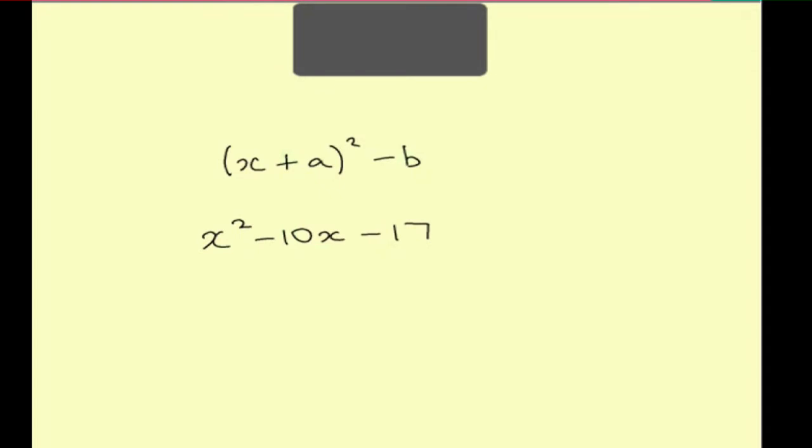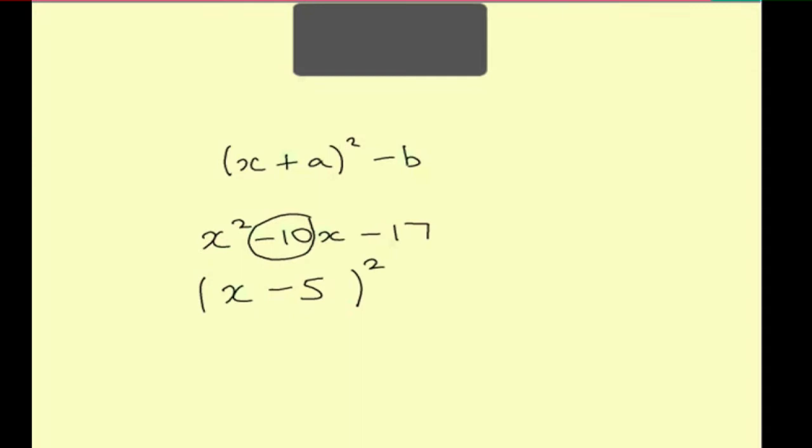So with this quadratic, what we have to do to complete the square is to firstly construct brackets, put x in the bracket, and then you take the value of b, which in this case is minus 10, and you divide by 2 to get minus 5.